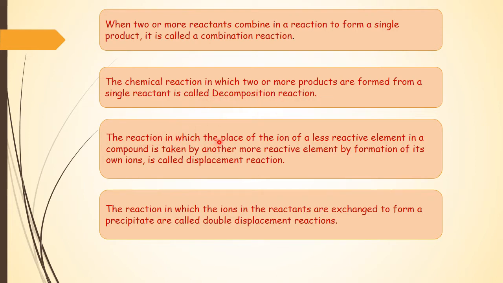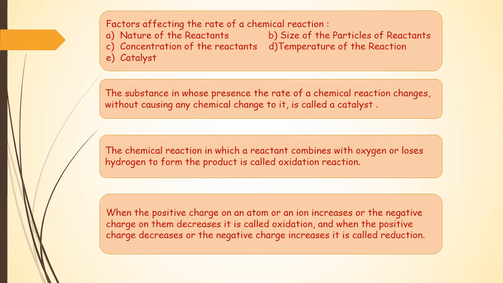The reaction in which the place of the ion of less reactive element in a compound is taken by another more reactive element by formation of its own ions is called displacement reaction. The reaction in which the ions in the reactants are exchanged to form a precipitate are called double displacement reactions.